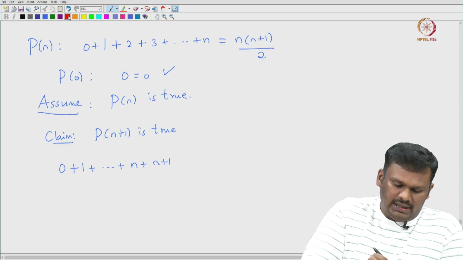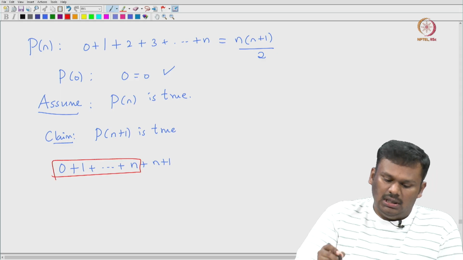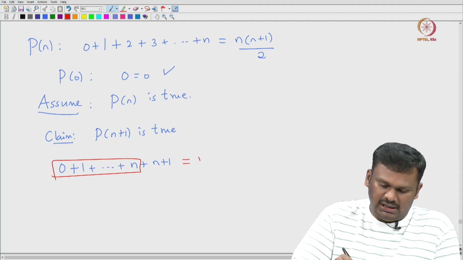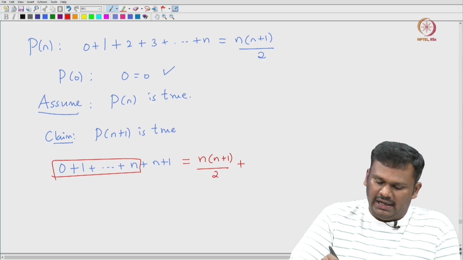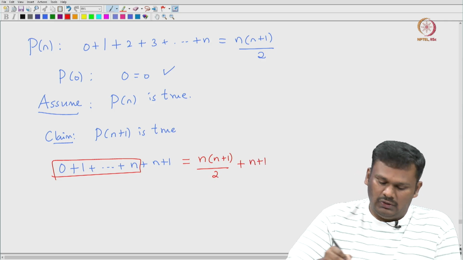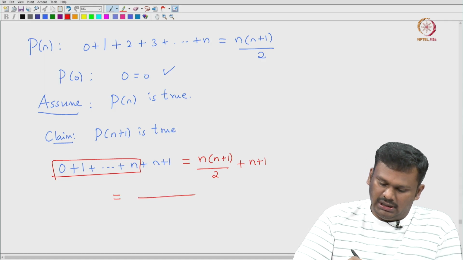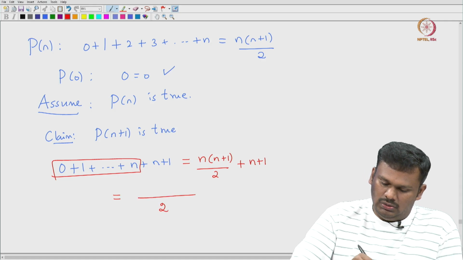Now we know that the first n terms give us exactly n into n plus 1 divided by 2. Then we are adding this n plus 1 here. So, now you can easily verify by this simple computation that this is exactly 1 by 2 times n into n plus 1 plus twice n plus 1.